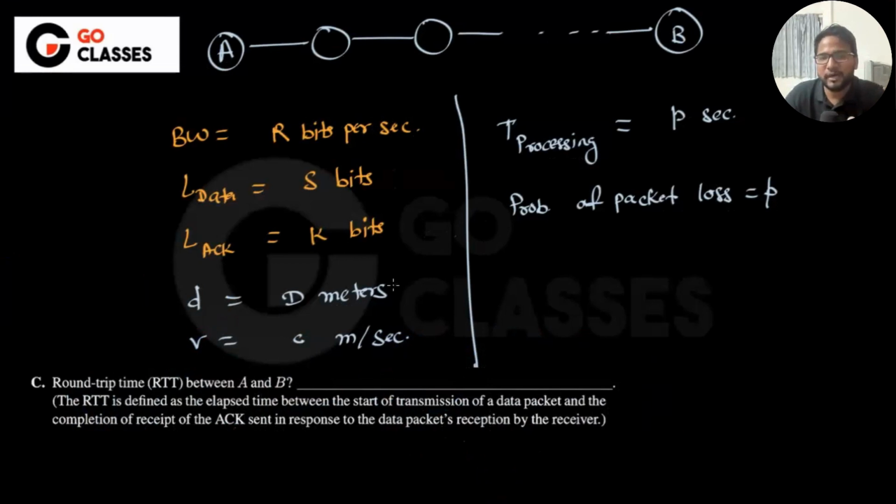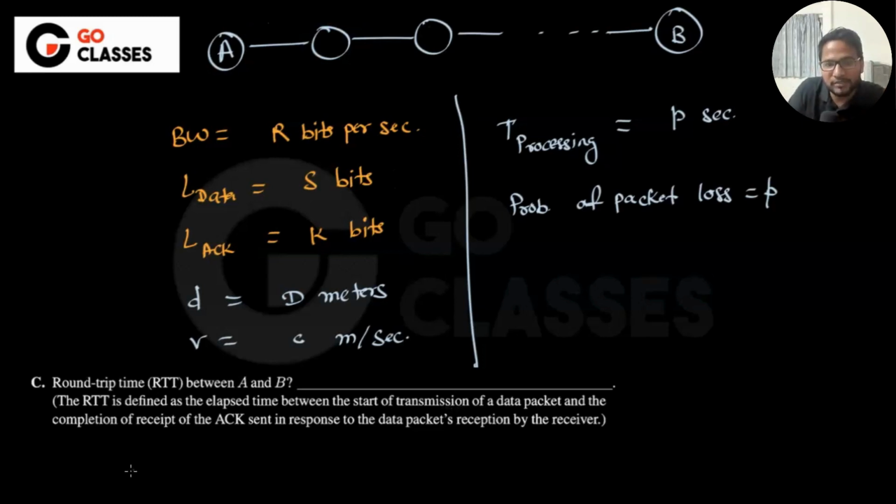I think it will get propagated n times if there are n links. And the transmission time, let's suppose this is just one hop in between, you will take the transmission time n times, right? Can you tell me this?